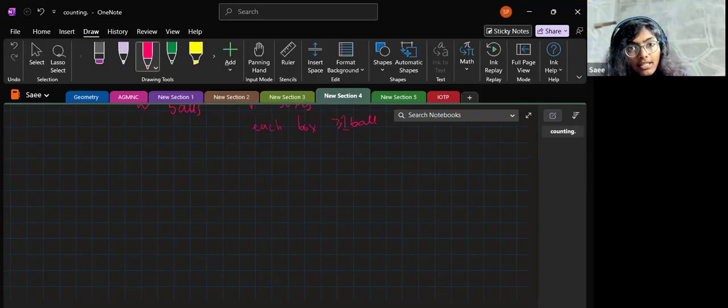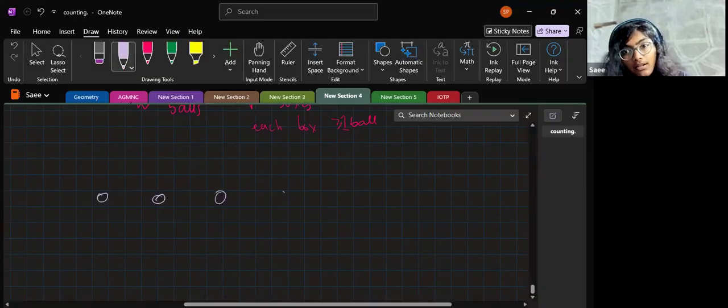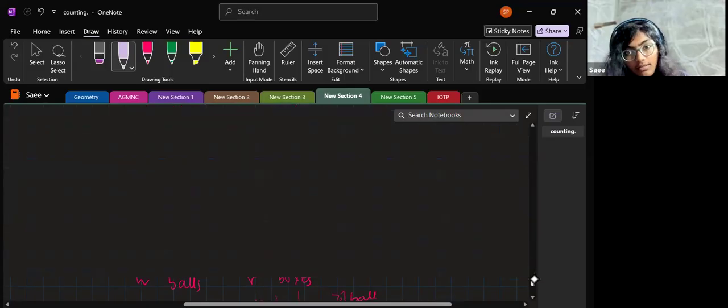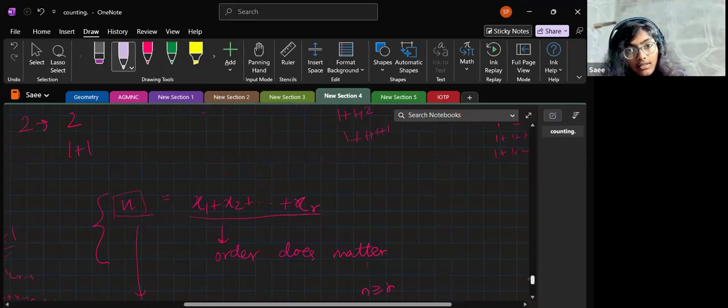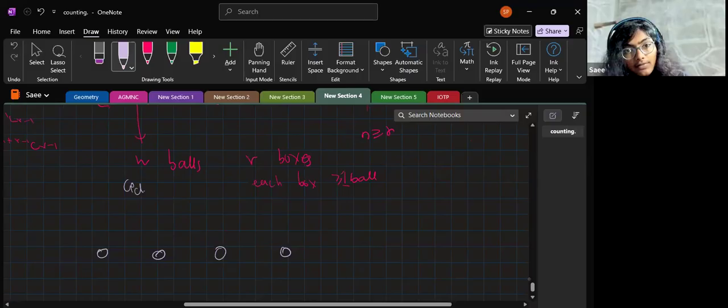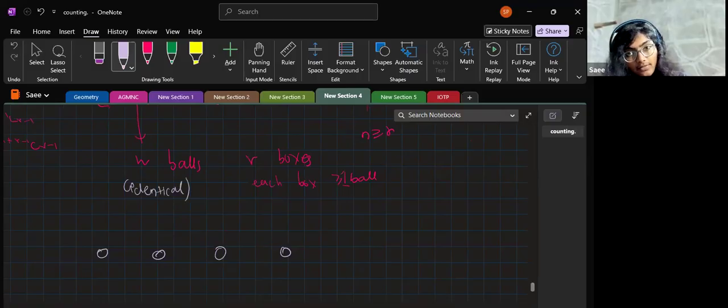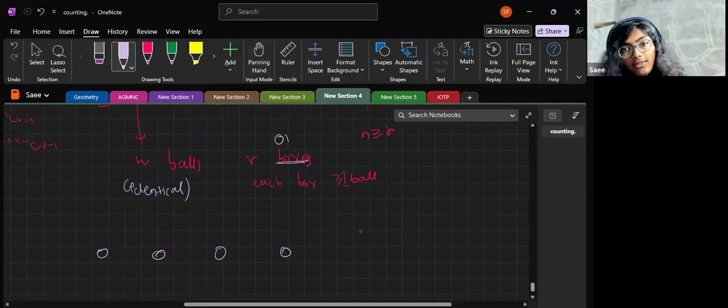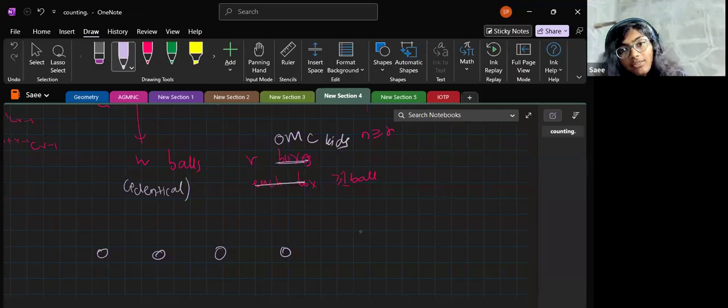Imagine you place the n balls in some boxes. It's also important to note that these n balls are identical. Or let's say r OMC kids, and each OMC kid gets at least one ball.